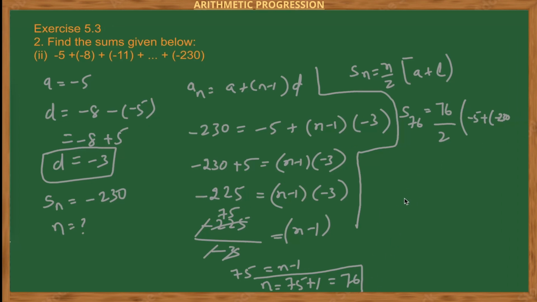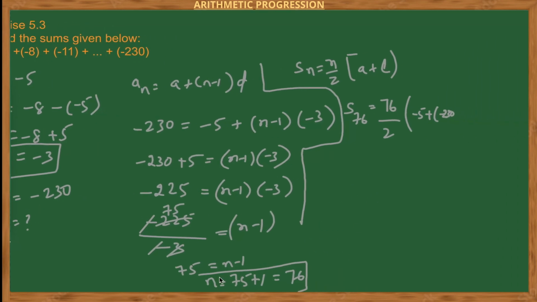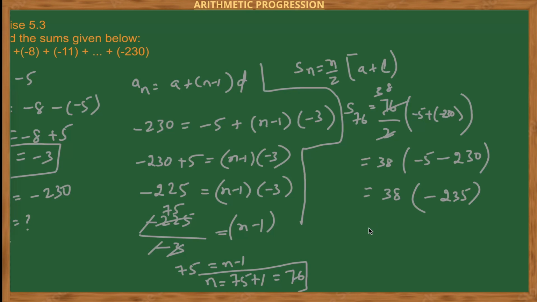Okay, so 76 gets divided by 2 to give 38. 38 into minus 5 minus 230, which simplifies to 38 into minus 235.